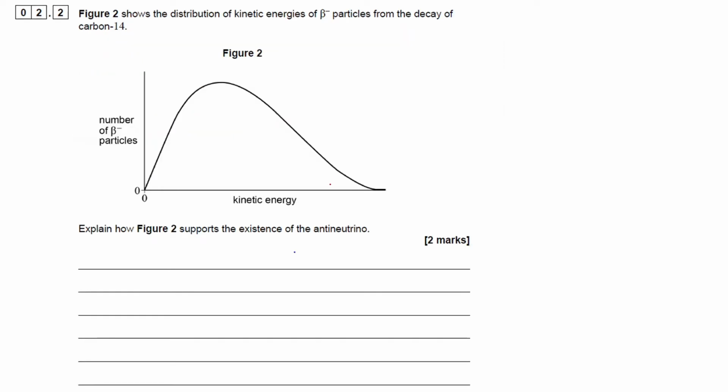In the second question, for 2 marks, we have to explain how this graph supports the existence of an antineutrino. The first point to make is just describing what you see in this graph. You can see that there is a range of kinetic energies for the beta minus particle.